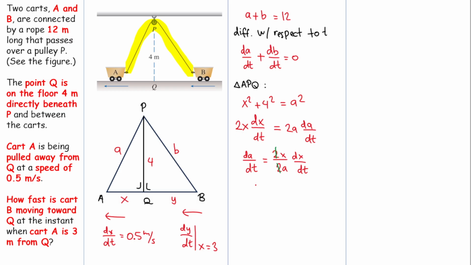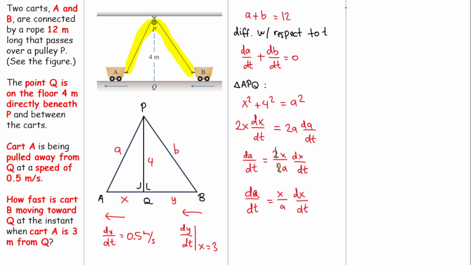And so we will have dA dt equal to x over A, and then dx dt. Good.